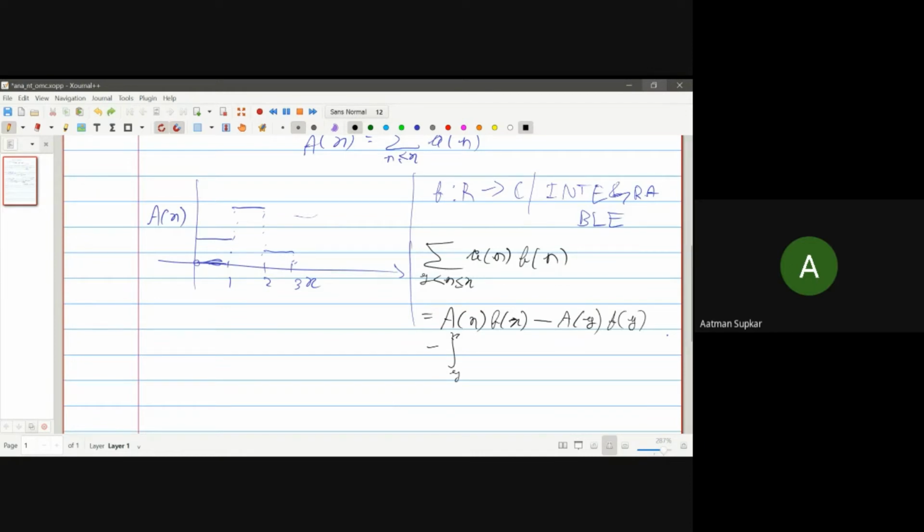I remember y is the smaller number, x is the larger one. Oh, I think it is A dash, right? A of t f dash t dt. This is what I'm claiming.